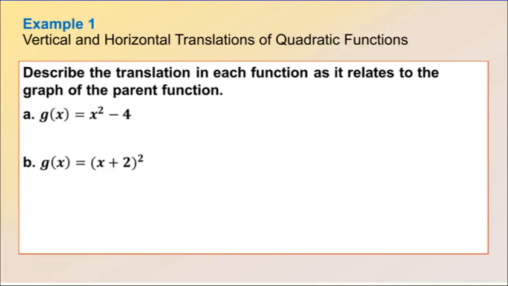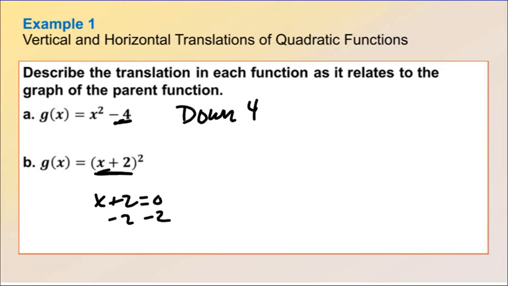For example, we're going to describe the translation, whether it's going up or down, left or right, and by how much. Here, this is after the x squared, so this is down 4. For B, this is inside the square, so if I do x plus 2 equals 0, subtract 2, x is to the left of 0, so it goes left 2.